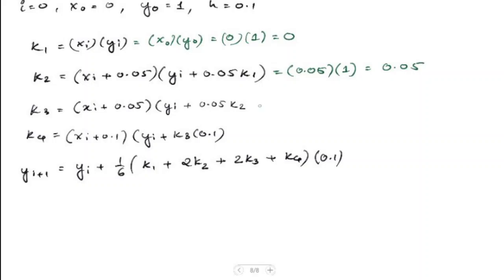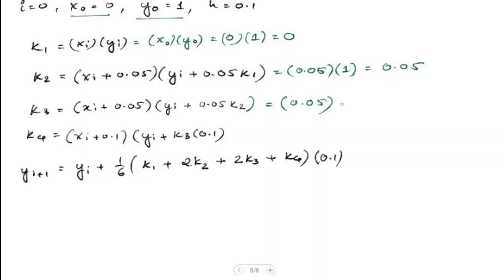Now for k3, we have here the values x. Now here x0 plus 0.05 will be 0.05. So for all of these xi's here, we have x0 to be taken. For all of the yi, we will be taking y0, and so on.